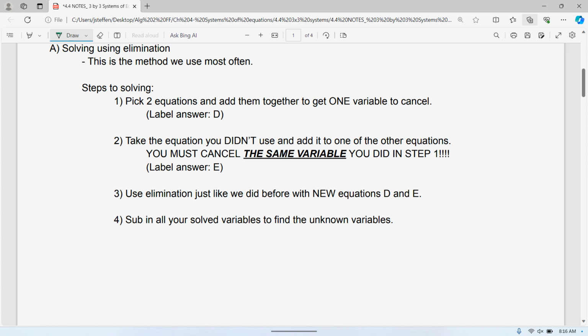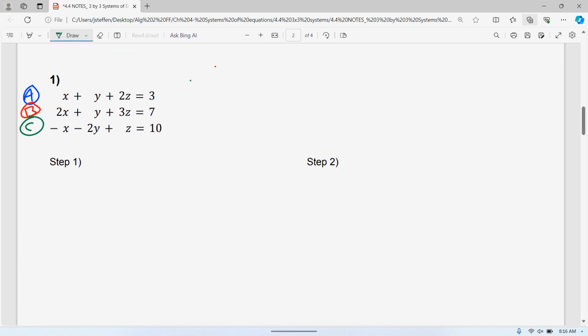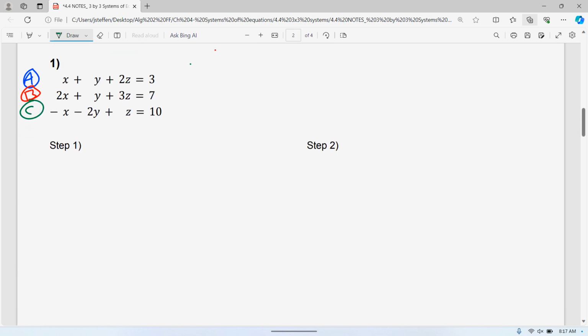Now, you're going to pick 2 equations that when you add them together, you get one of your variables to cancel. We're using elimination just like we did before. Here's the beauty of it. It doesn't matter which variables you pick or which 2 equations you pick. This part, step 1, you've got a lot of freedom.